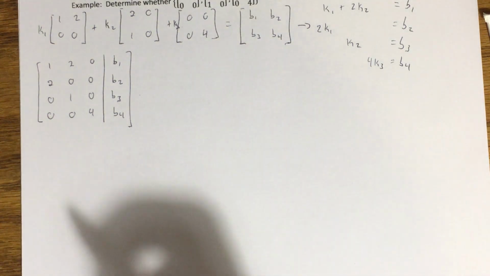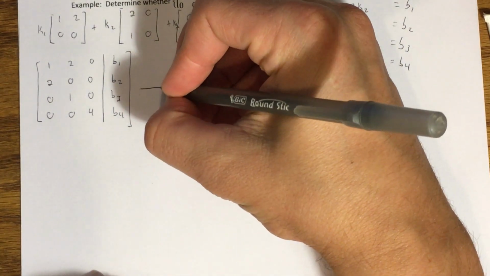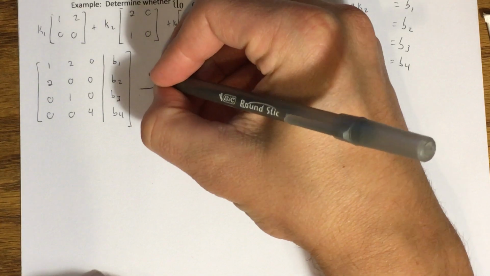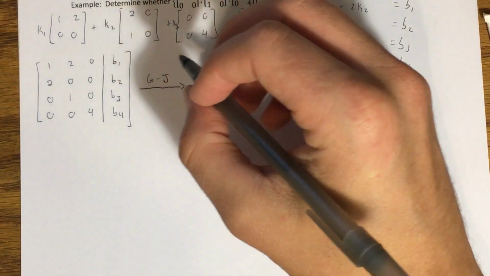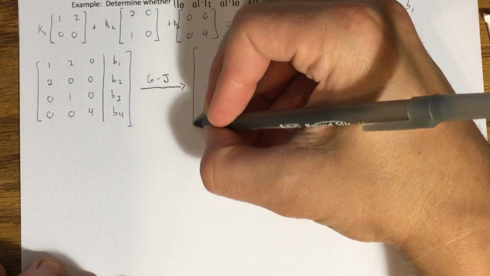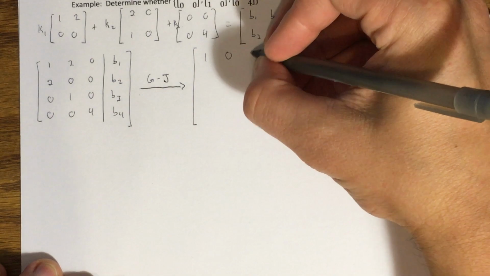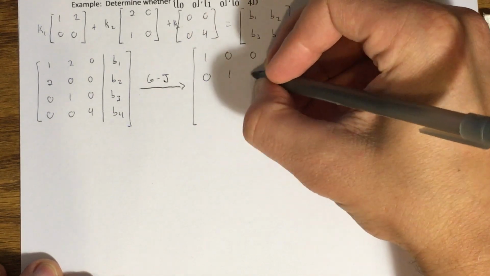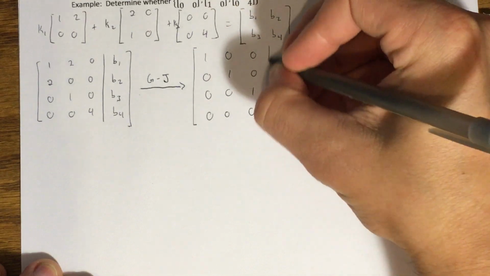Now, this one's not too difficult to do Gauss-Jordan on, and I'm going to skip the steps just because that's kind of old news at this point. But I am going to point something out once I get my reduced row echelon form here. 0, 1, 0, 0, 0, 1. Row of zeros down here.